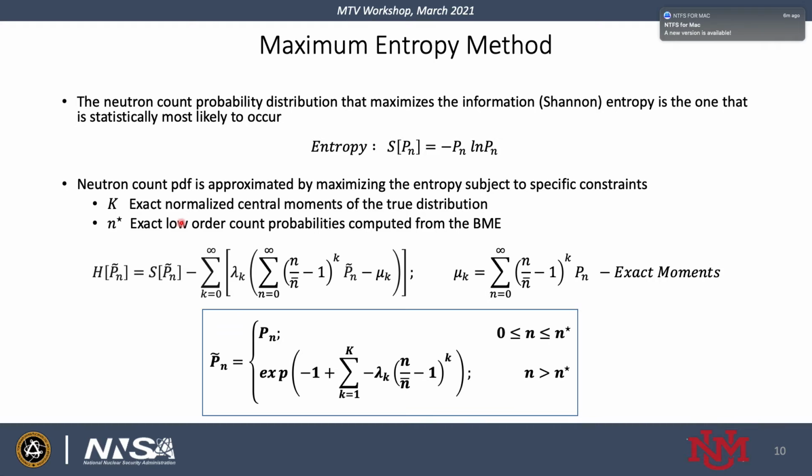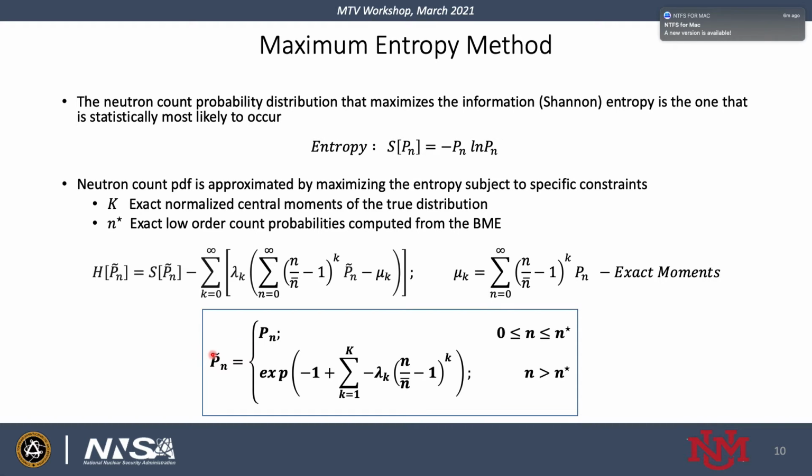The reconstructed distribution failed to capture the low order counts. But as we've seen, we can easily compute the low order counts, so we went back and added the exact discrete probabilities as constraints. That led to the functional h that you see here. With some algebra and maximizing that functional, we're able to approximate the count distribution by the function boxed here.